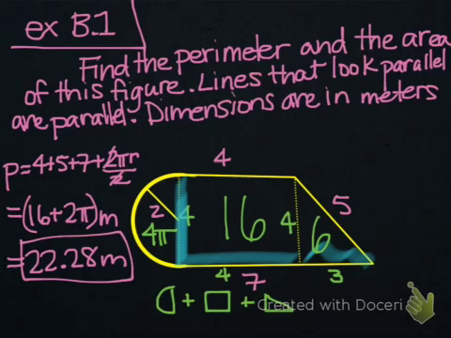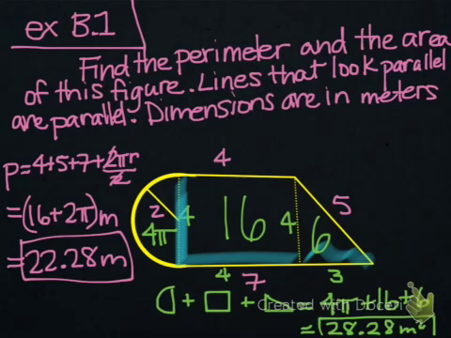So r squared is 4, times pi, which is 4 pi, and then we need to divide that by 2, so it's actually 2 pi. And then 2 pi plus 16 plus 6 is 28.28 square meters.